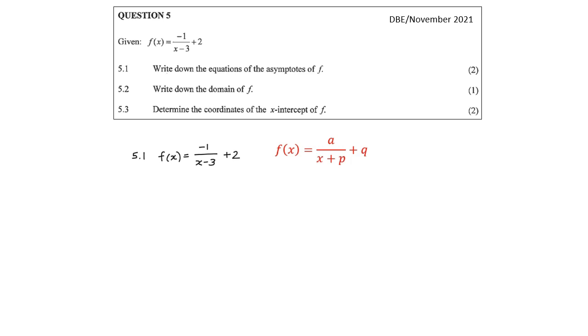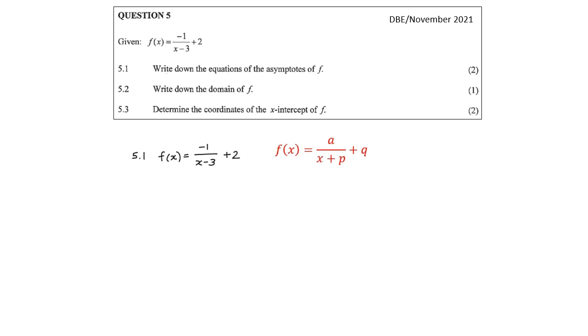In the first question, they ask us to write down the equations of the asymptotes of f. The equations of the asymptotes are given by negative p and q. The vertical asymptote is always x equals minus p, and the horizontal asymptote is y equals q.